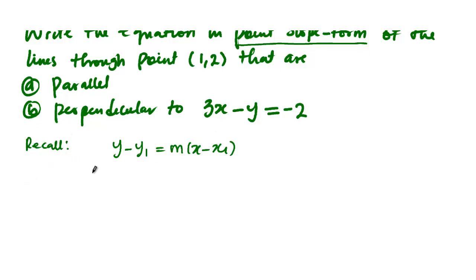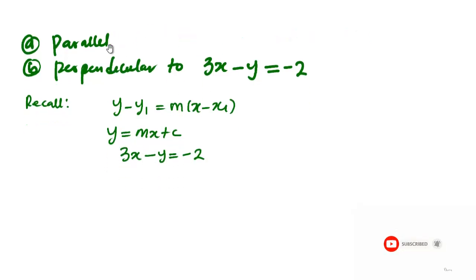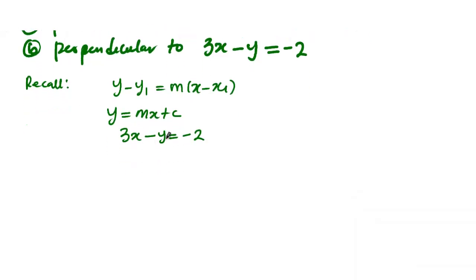So the slope-intercept form is given by y equals mx plus c. So that implies that I have to rearrange this particular equation to look like this, making y the subject of formula. So I have 3x minus y equals minus 2. I'll move y out, so I will have 3x.